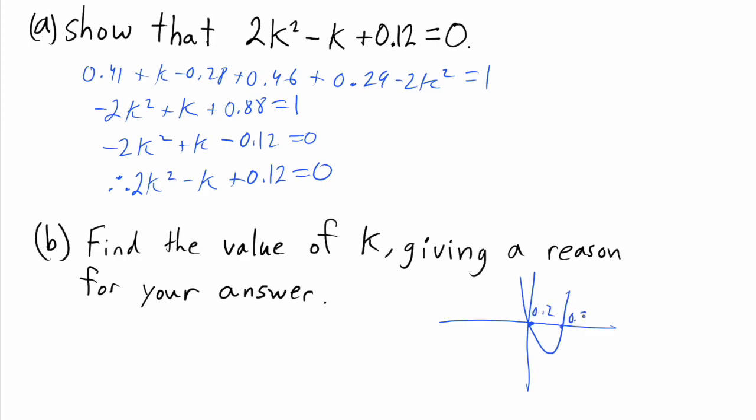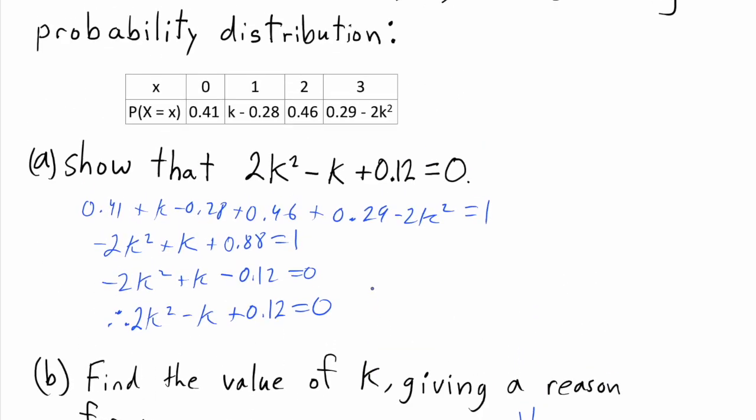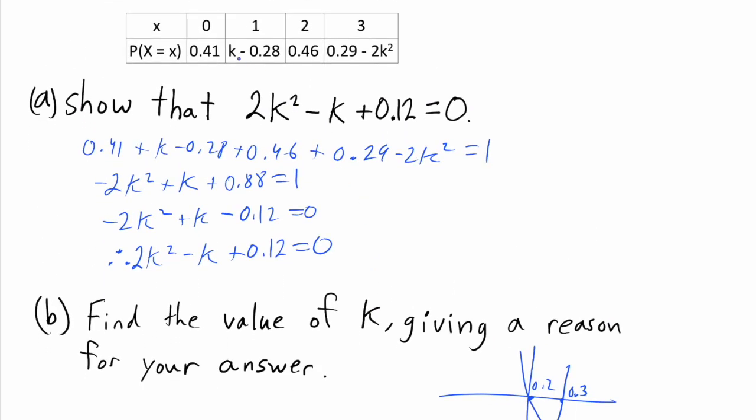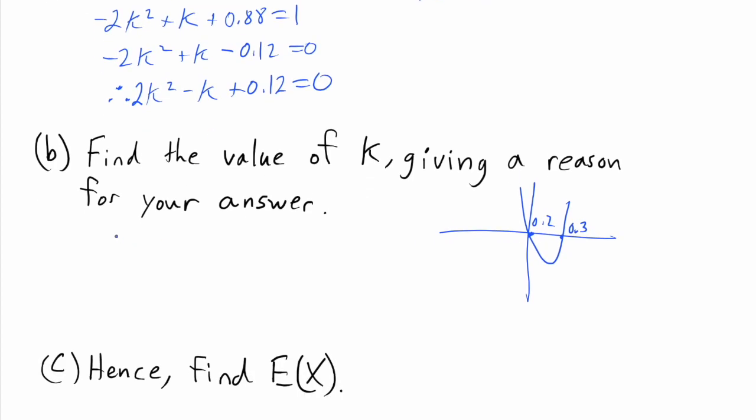So by graphing, we get 0.2 and 0.3. But you have to look carefully and make sure they both work. 0.2 wouldn't work here because this would give you a negative probability, which is not possible. So you have to justify that. Maybe I'll just write: solving yields k equals 0.2, 0.3.